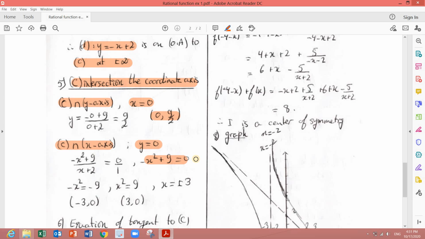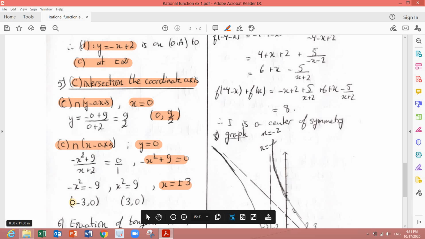Minus x squared equal minus 9. Then x squared equal 9, and x equal plus or minus 3. So we get 2 points of intersection with the abscissa axis, which are (minus 3, 0) and (3, 0).